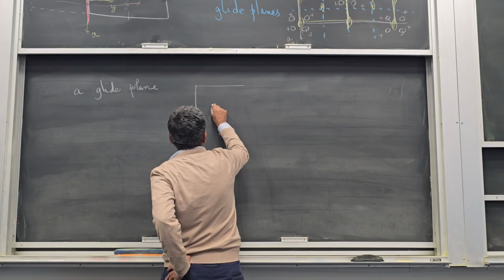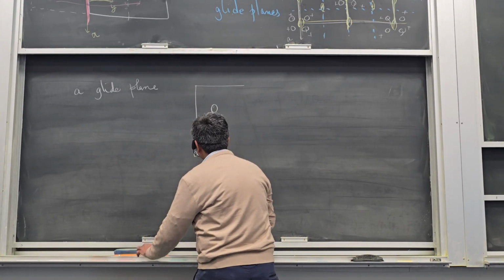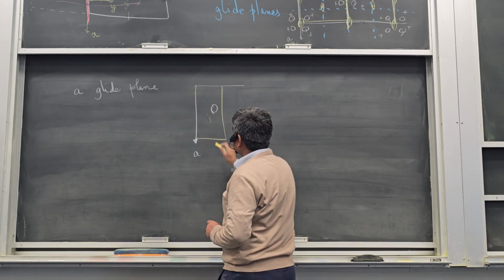This is an object over here. This is my unit cell. It's an object over here.